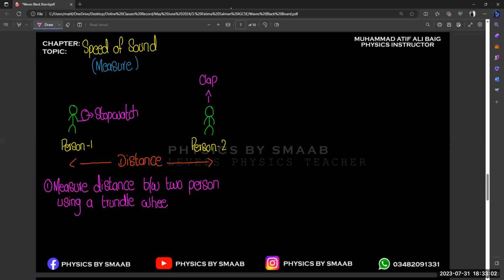So the trundle wheel is the new apparatus, the instrument that also helps you to measure long distances. It's just a wheel, and there is an electronic meter connected with it. It works on the circumference of the circle, right? It counts the circumference, then converts it into meters, just like the roller on a field. The wheel rolls on the ground, measures the circumference and then converts it into distance.